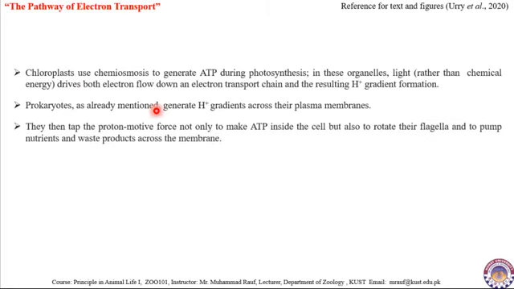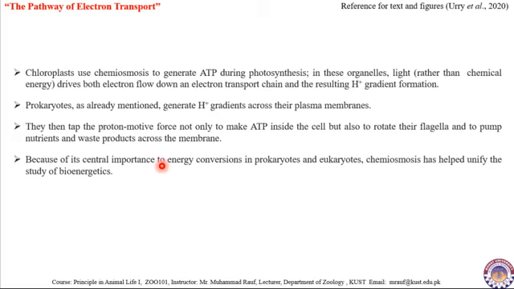Prokaryotes, as already mentioned, generate hydrogen gradients across their plasma membrane because they lack mitochondria. They then tap the proton motive force not only to make ATP inside the cell but also to rotate their flagella and to pump nutrients and waste products across the membrane.